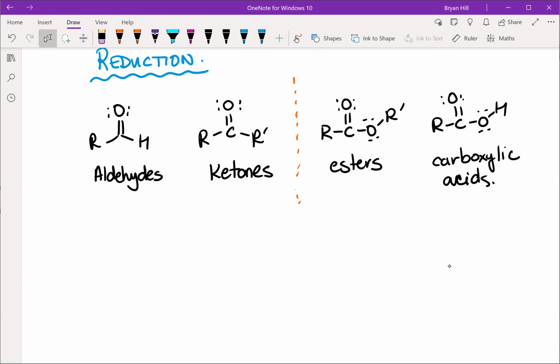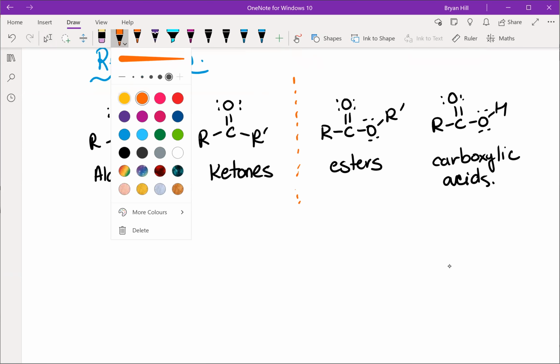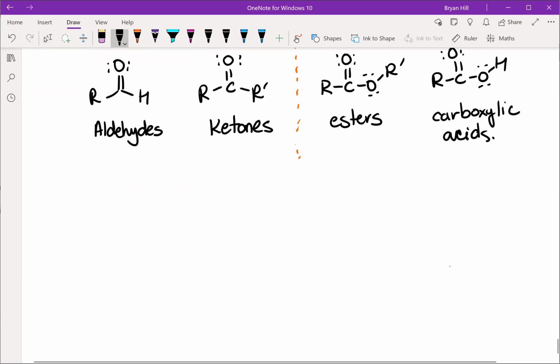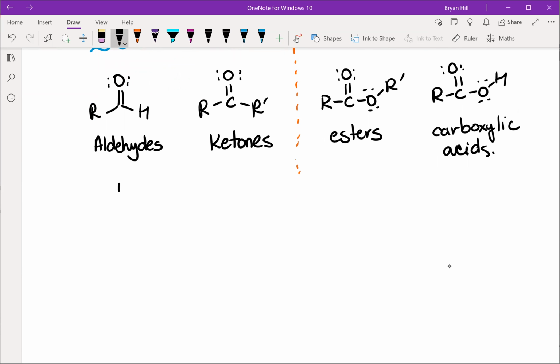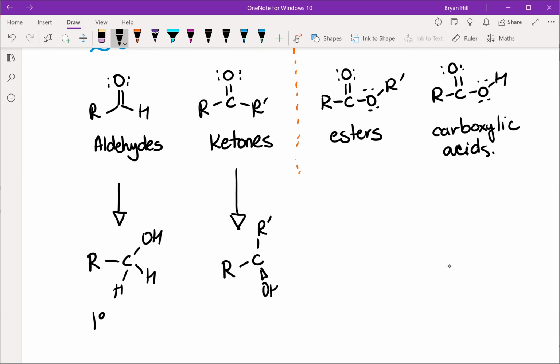So what we're going to see is that aldehydes can be reduced to primary alcohols. Ketones can be reduced to, draw this as a tetrahedral, secondary alcohols.